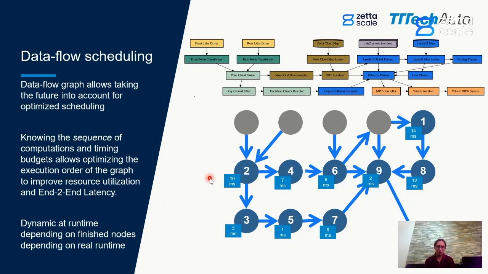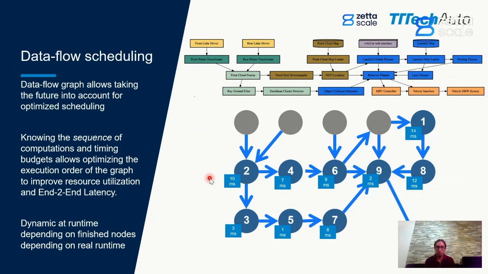So we can, thanks to the data flow graph, basically see into the future. Whenever we dispatch a node, or when it finishes, we invoke the scheduler, and it can look at what has already executed, what we need to execute next, and which will be the best node to execute in order to have the lowest overall latency.